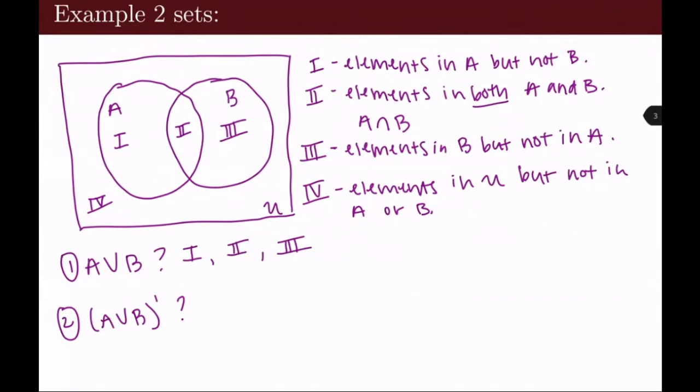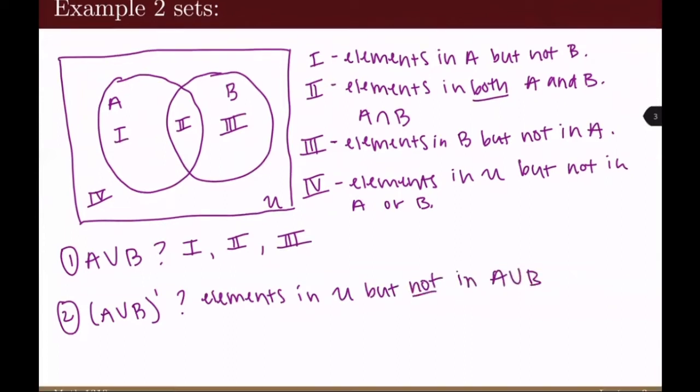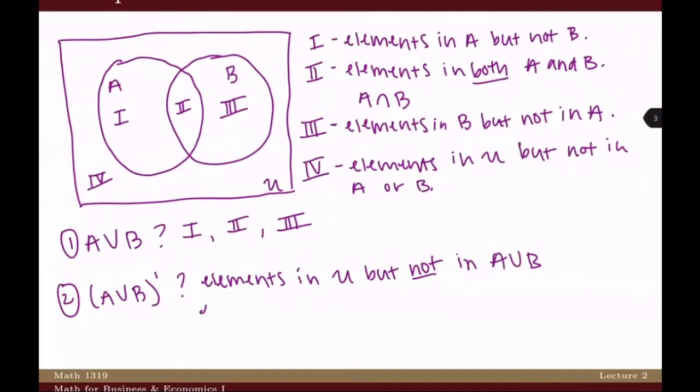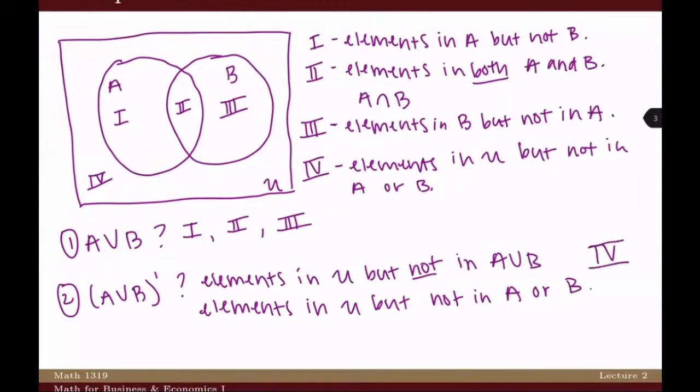So A union B complement is going to be elements in U, but not in A union B, which means elements in U, but not in A or B. So that's going to be Roman numeral 4.